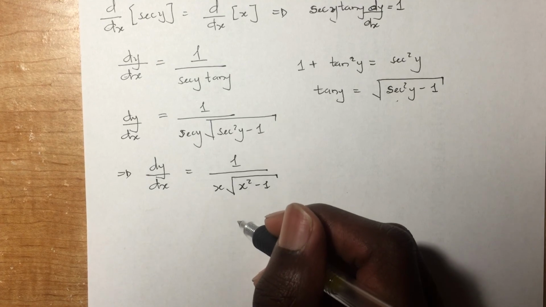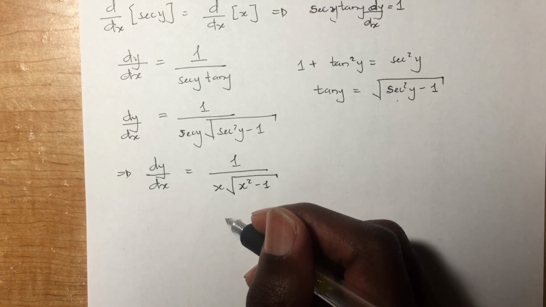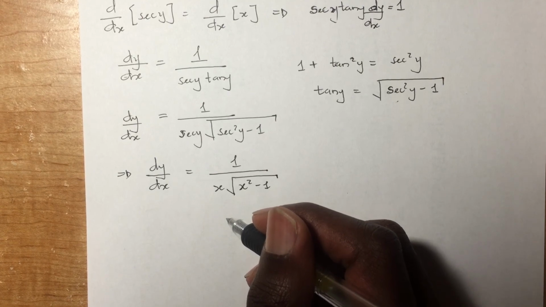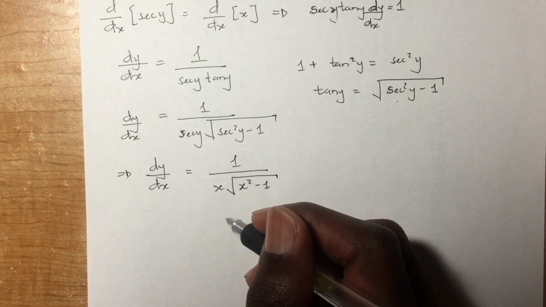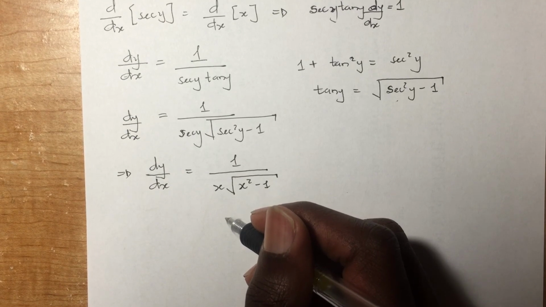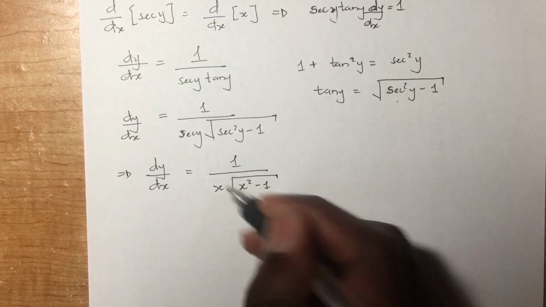The interesting thing here is that once we start getting involved with square roots, and every trig function has its own restrictions, we know through research that the slope of the inverse of secant of x is always positive. So in this case, we want this to always be positive.